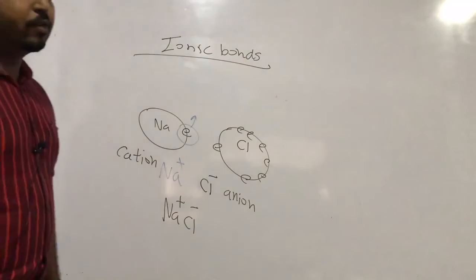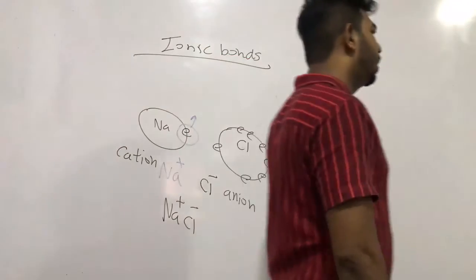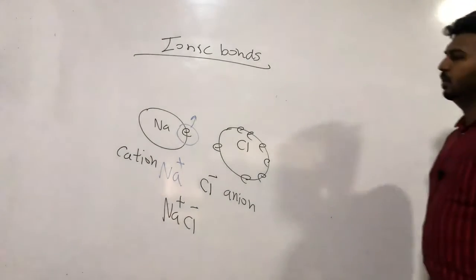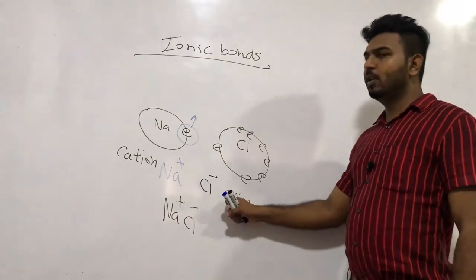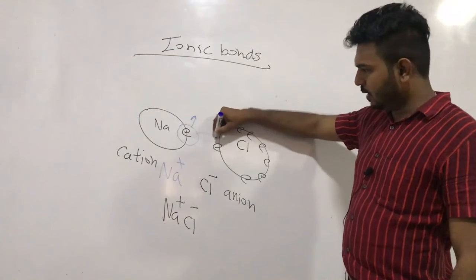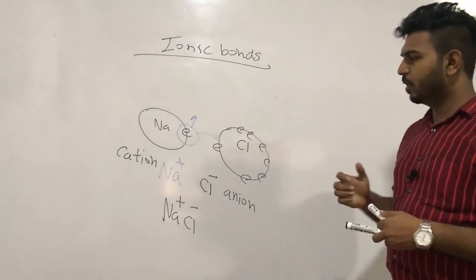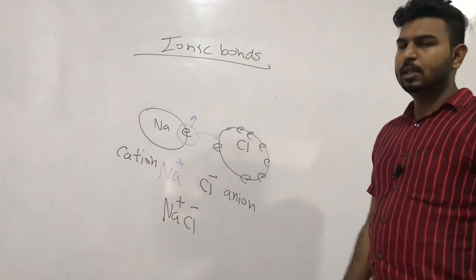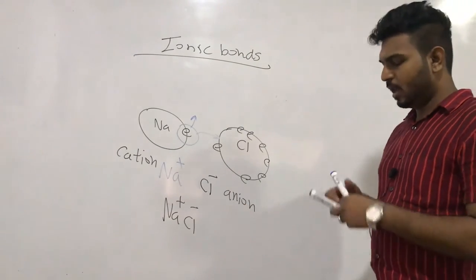And the most electronegative atom will receive the removed electrons and forms an anion.